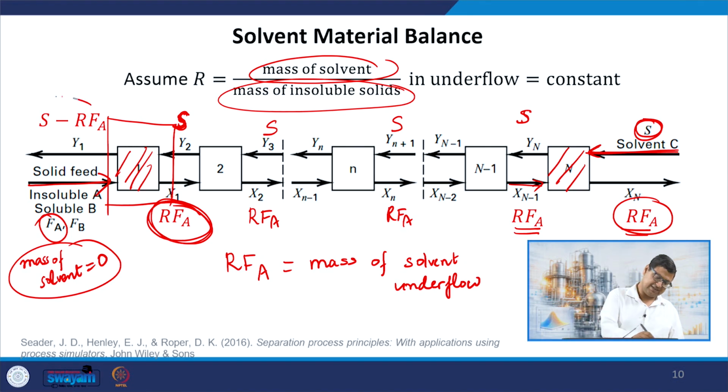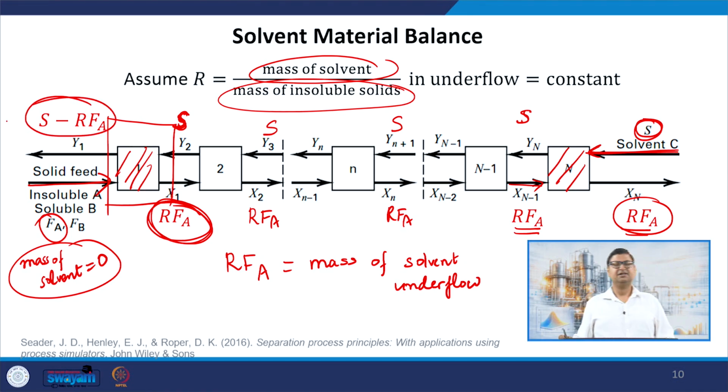So S minus RFA is the mass flow rate of solvent leaving the first stage, right? For the overflow, all except the first stage have the mass flow rate S of solvent, and for the underflow, all except the feed contain RFA of the solvent.